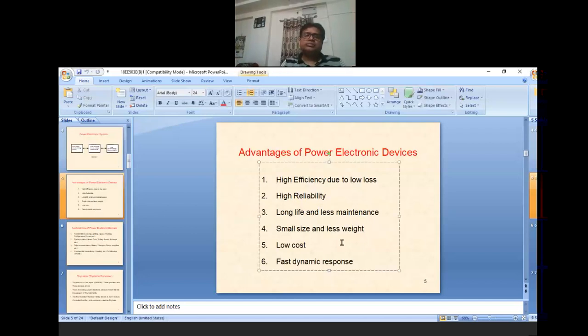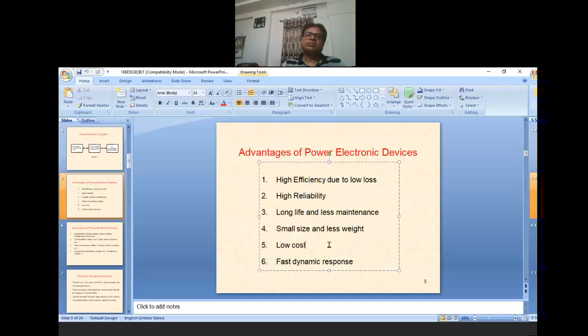When it comes to electrical engineering, the conversion from one form of electrical energy into another form, that is DC to AC, AC to DC, and other things, was done mainly due to mercury arc rectifiers or thyratrons, which were very big in size and volume, and their efficiency was very low.